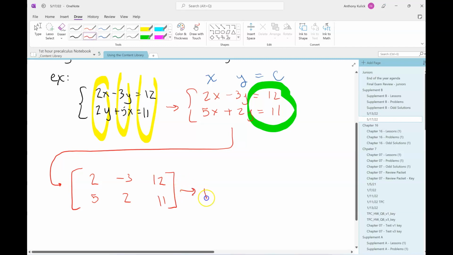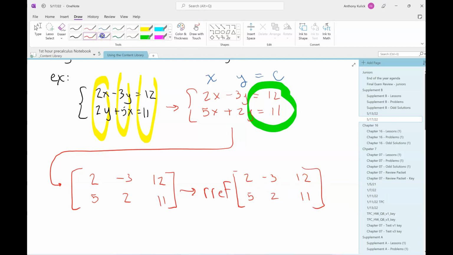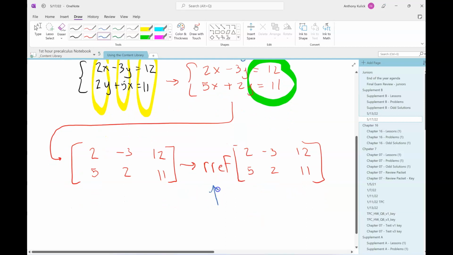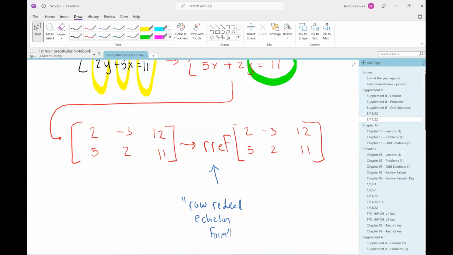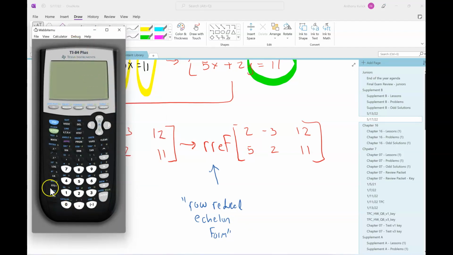Now, there's a command on our calculator called RREF. What that stands for is row reduced echelon form. Not that that matters, but if you're curious, there are some letters there, what the heck does that mean?